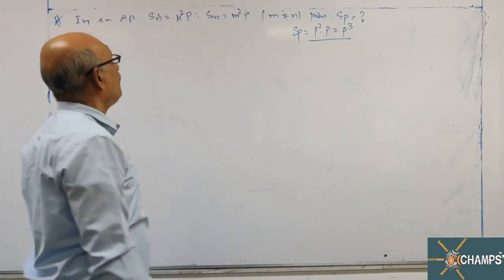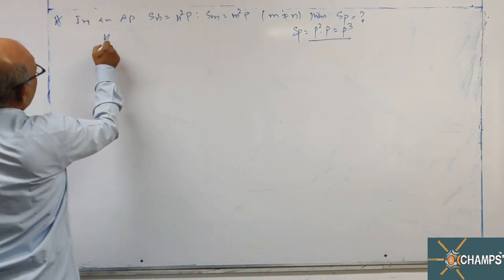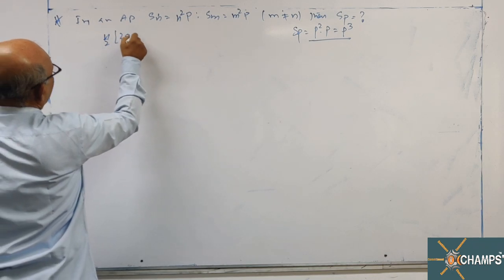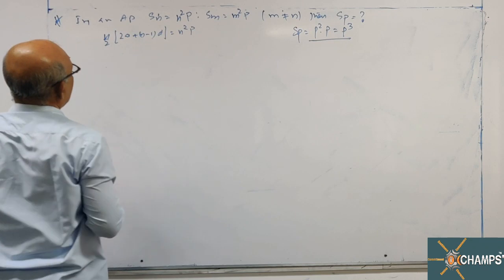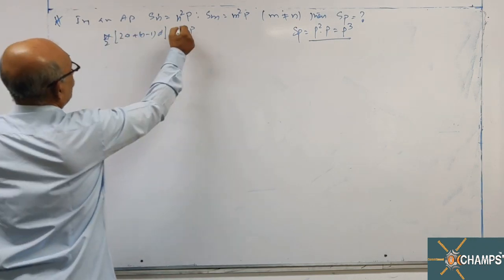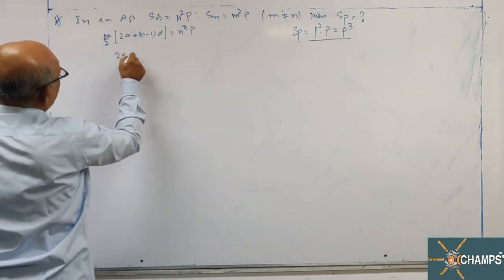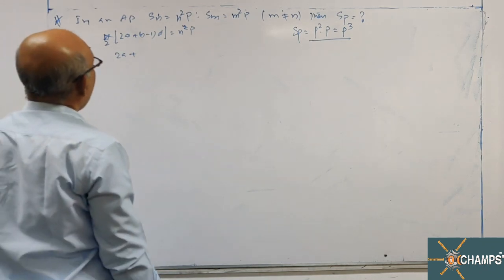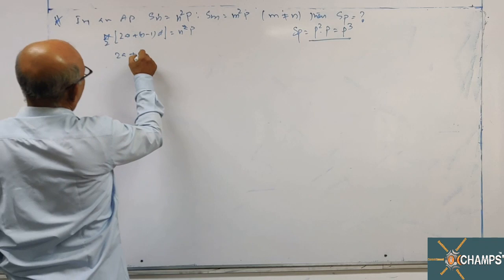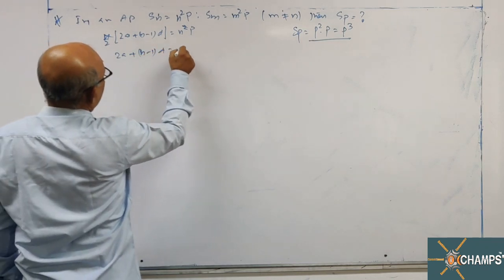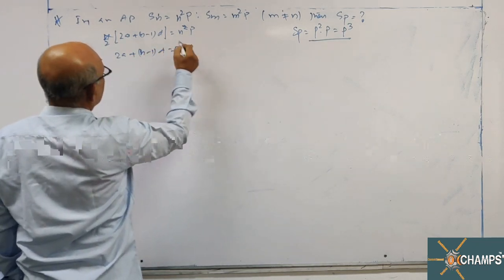Let's see the way of solving. n by 2 into 2a plus n minus 1 into d is equal to n square into p. 2a plus n minus 1 into d is equal to 2np.